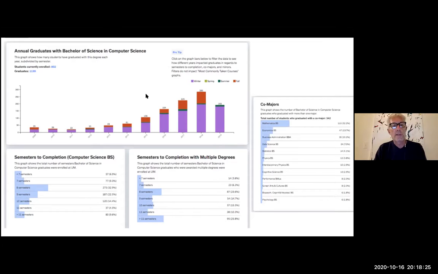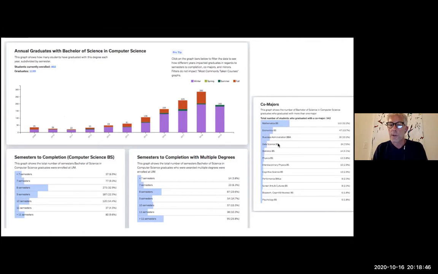What I'm showing you is the Bachelor of Science in Computer Science, and we show things like the number of students who graduated with that major. You can see that starting in 2009 you only had a handful, and then it grew by a factor of 10 in a decade, and continues to grow. This is a graph that I made last year, so I didn't update it for tonight.